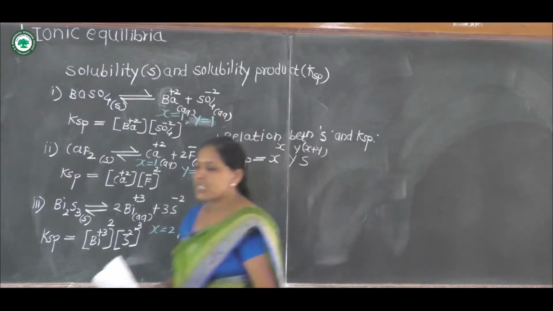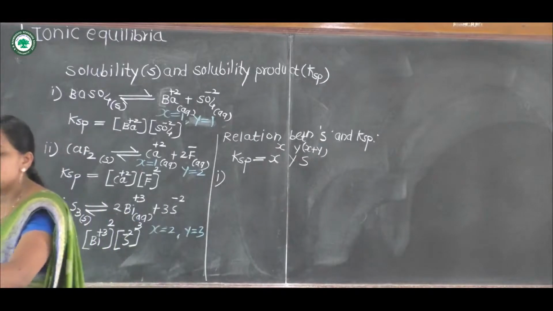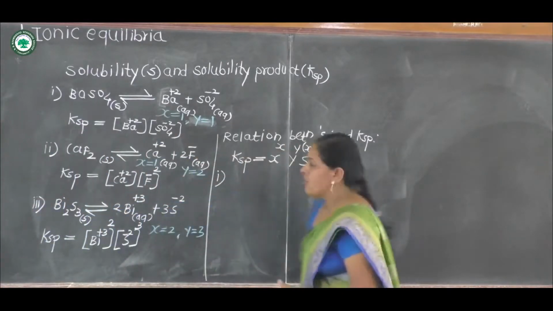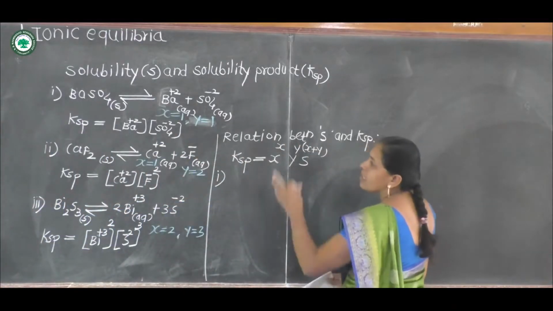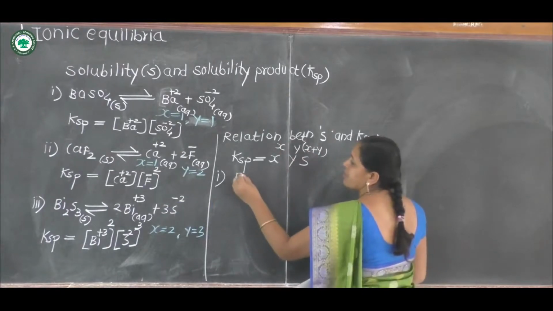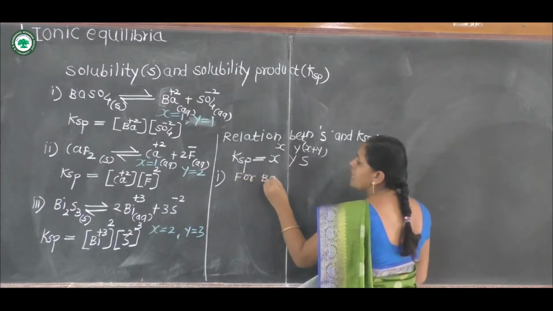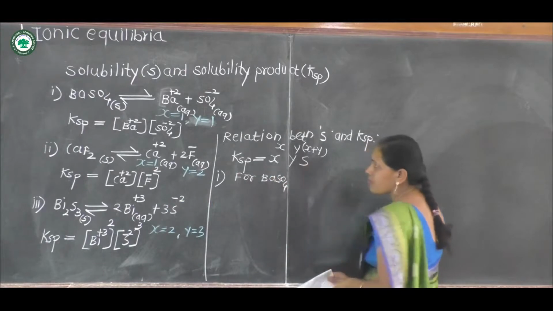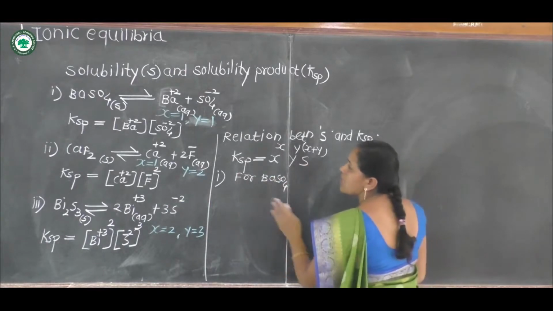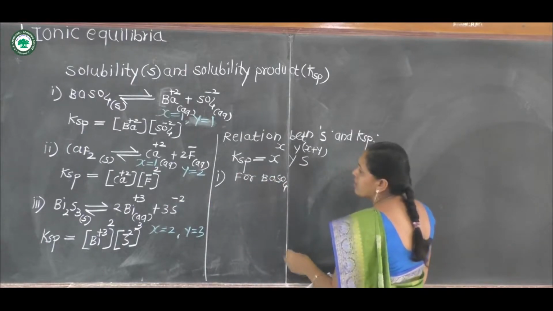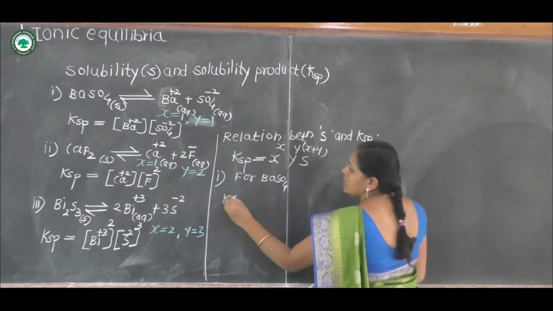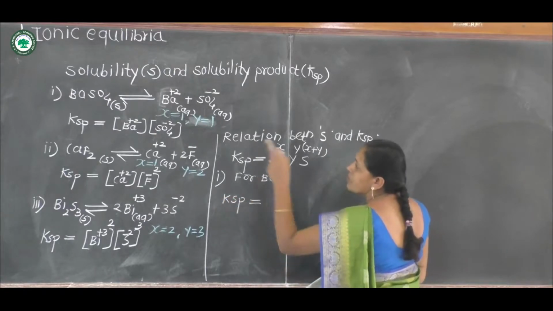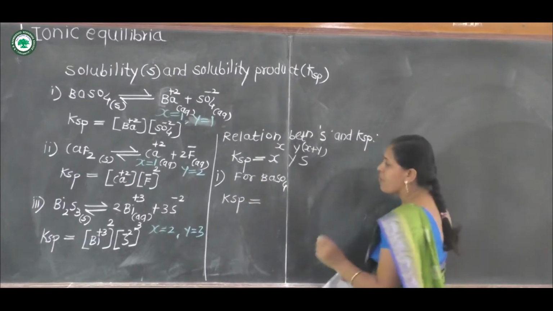First, for barium sulfate, BaSO4, KSP is equal to... what is the value of x? x is equal to 1.